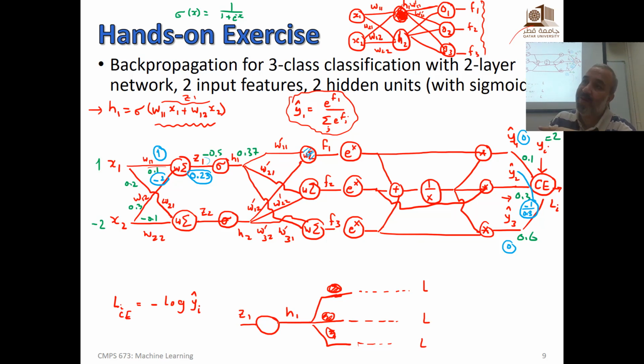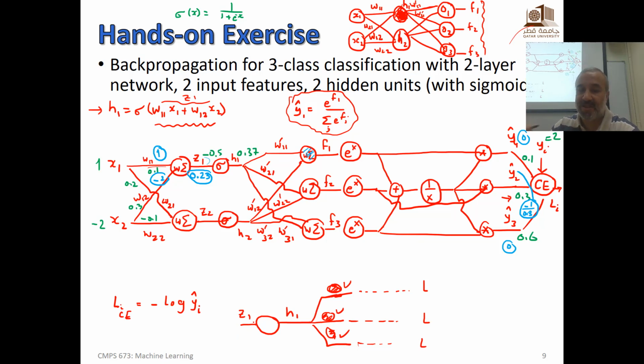Now when I propagate the gradient back, which one will I use for H1? This or this or this? No, not all of them. I will have to use one value. Which value? The sum of them. Yes, that's the answer. Not all of them. The sum of them will be propagated back. Is that clear?